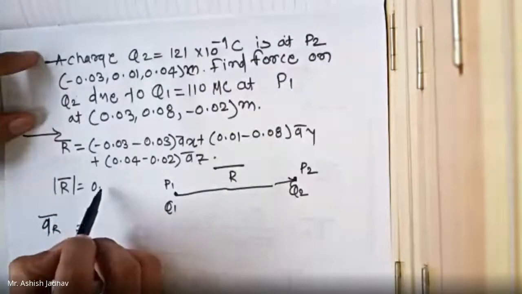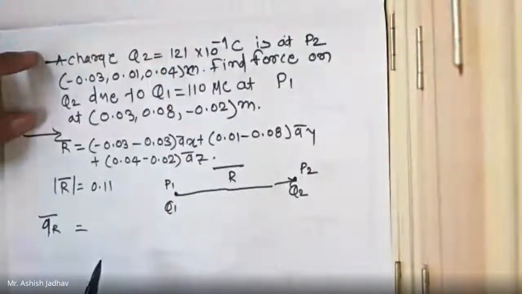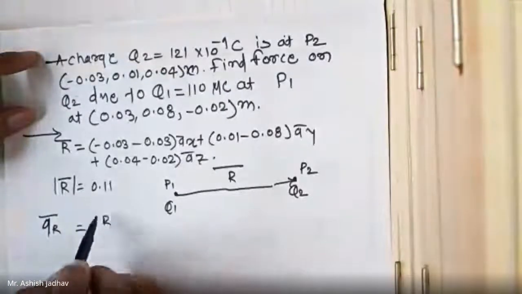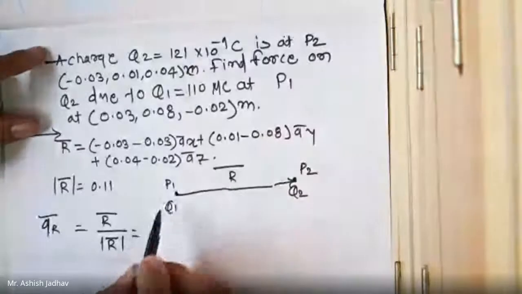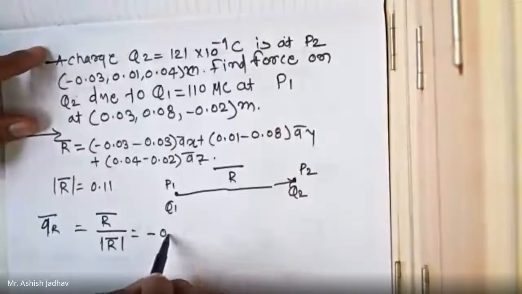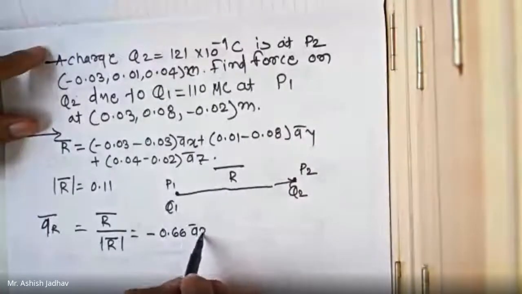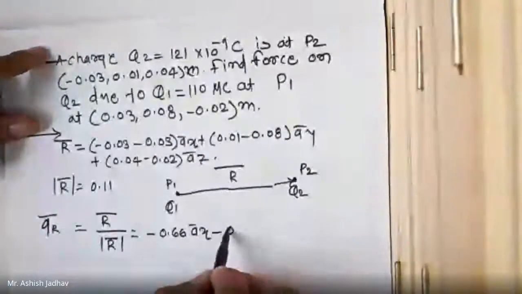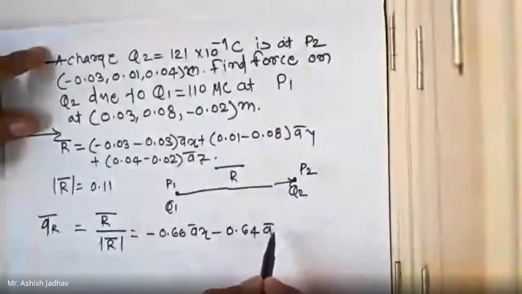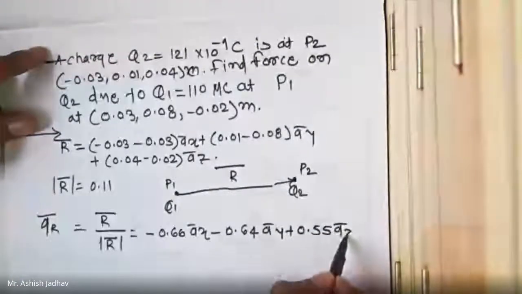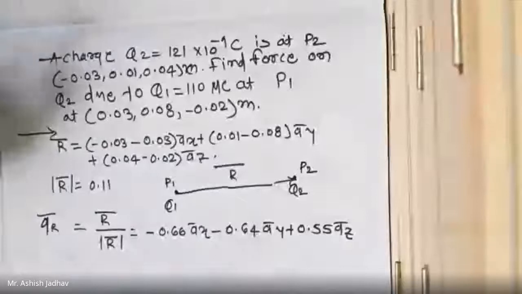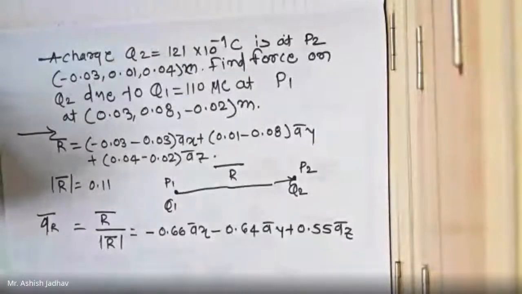It is equal to 0.11. So if you take this R bar divided by mod of R bar, the answer would be minus 0.66 A bar X after calculation, minus 0.64 A bar Y plus 0.55 A bar Z. So hope up to this point there is no problem to calculate.